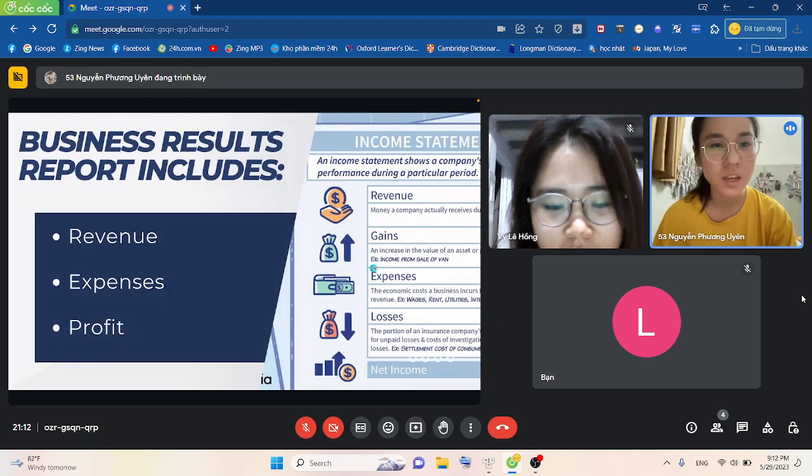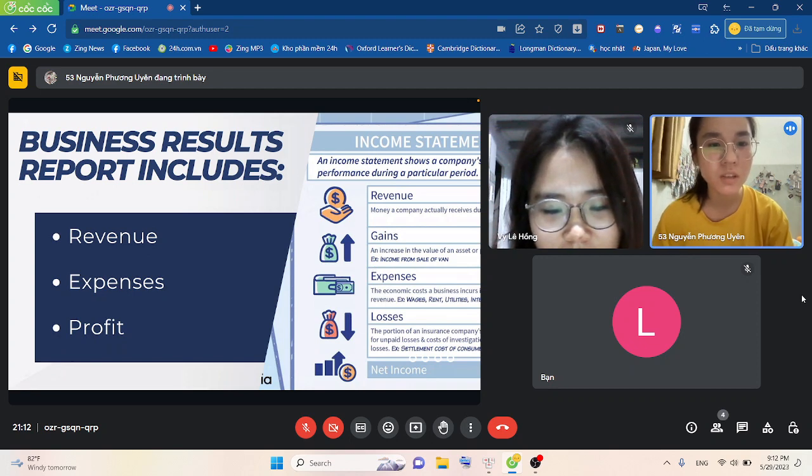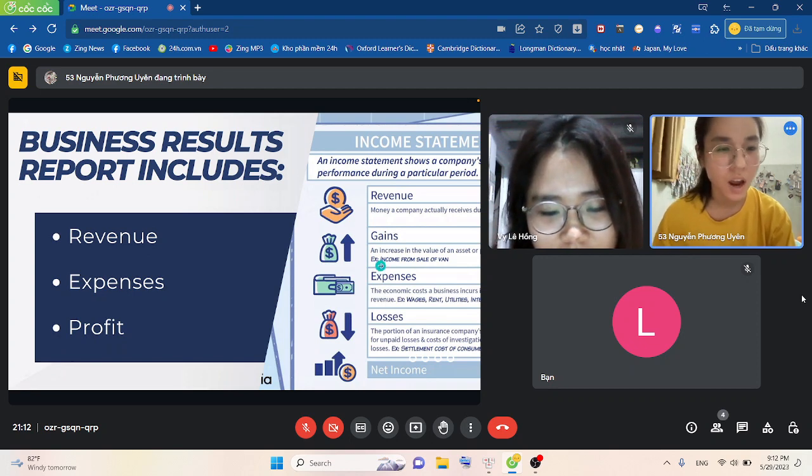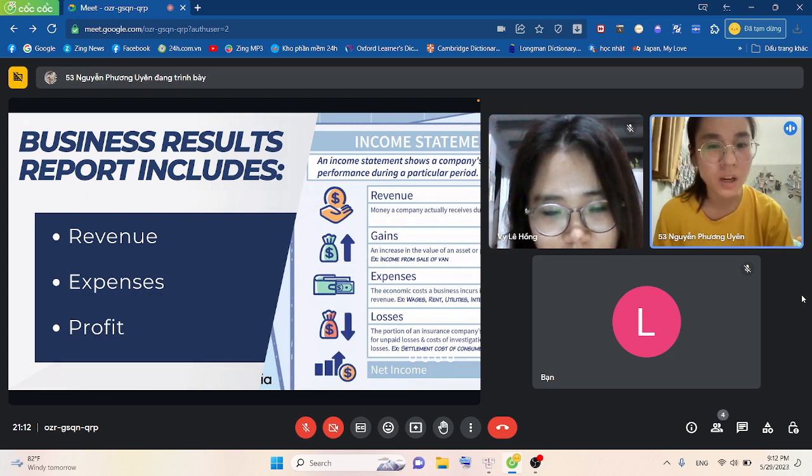The income statement includes revenues, expenses, and profits. Revenue is proceeds from the consumption of goods, services, and products.